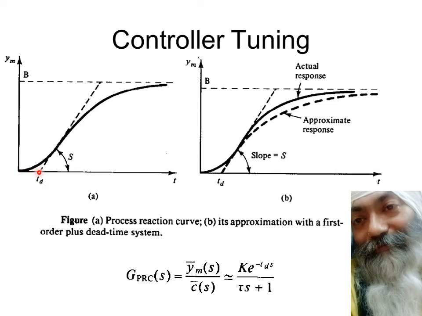So ultimately what we see is that we are going to approximate this entire curve, as made up of, first of all, dead time.